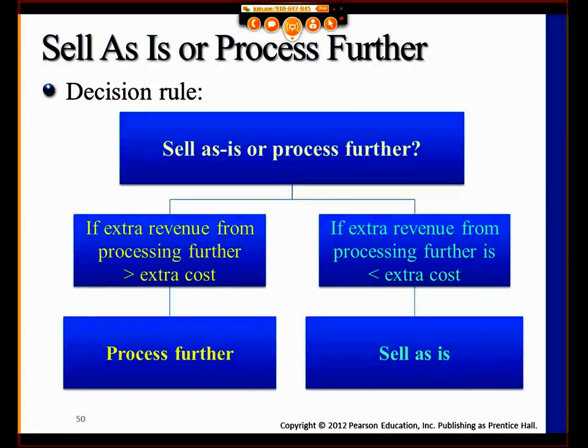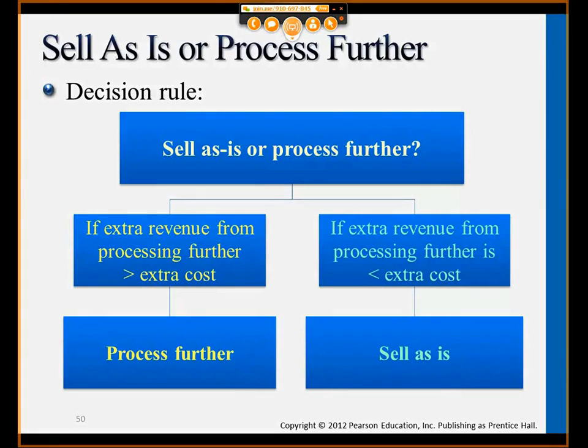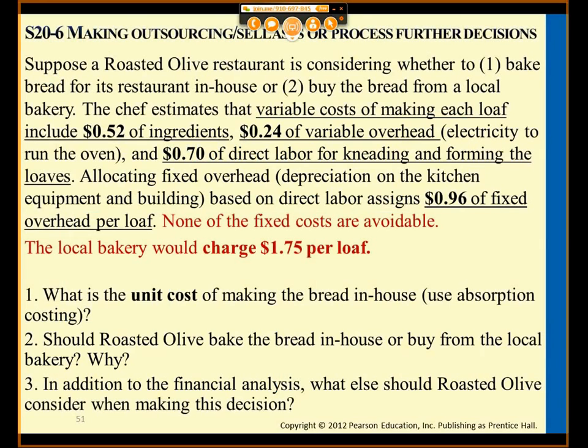So luckily, we have another exercise. Suppose a roasted olive restaurant is considering whether to bake bread for the restaurant in-house or buy the bread from the local bakery. So we have our chef estimate the variable cost of making each loaf.